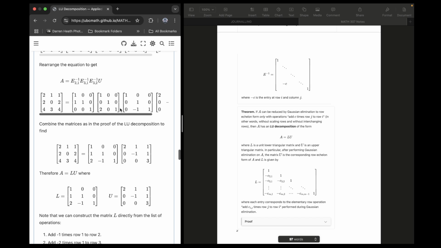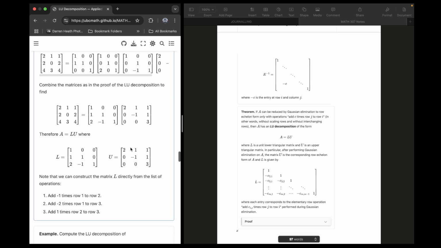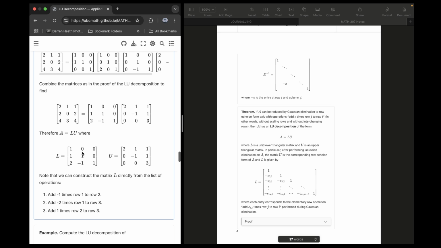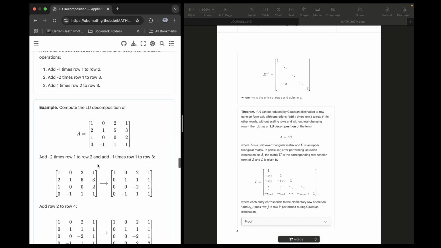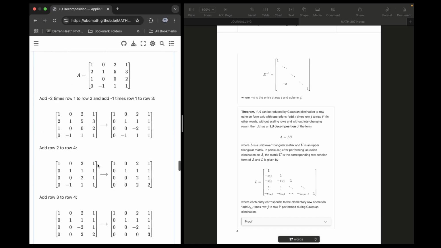Then we multiply these together, and we get A equals LU, where L is the product. Okay, I think I'm starting to understand this now.